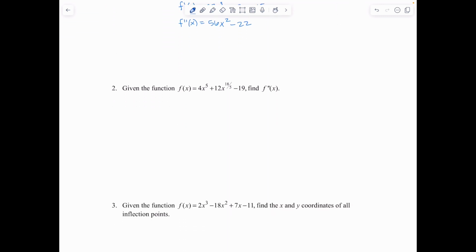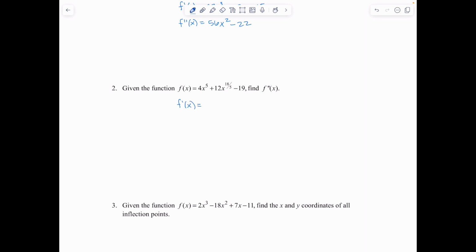Given the function f of x equals 4x to the fifth plus 12x to the 18 fifths minus 19, find f double prime. We'll use the same process. First we find f prime.